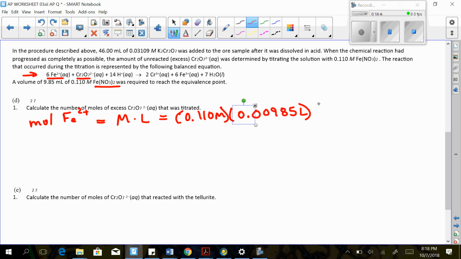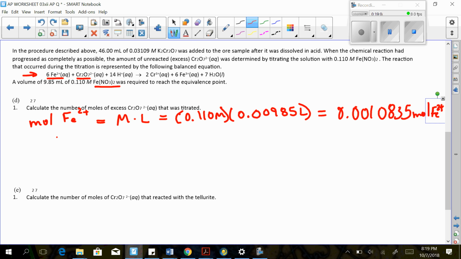And so we have a total of 0.0010835 moles of our iron.